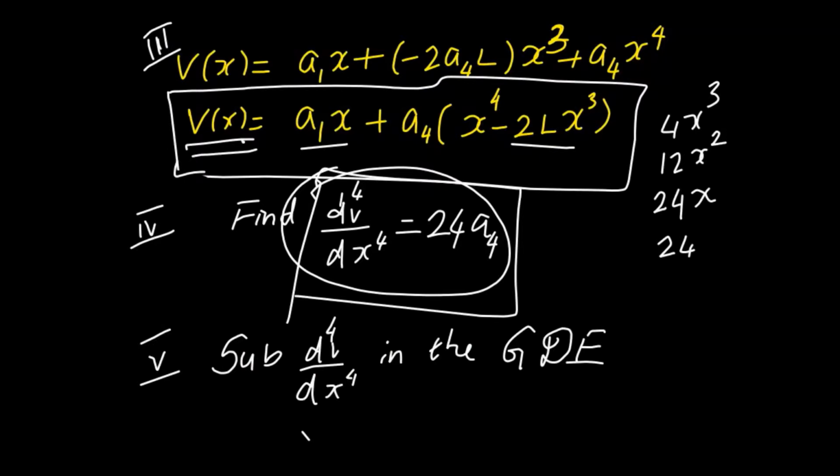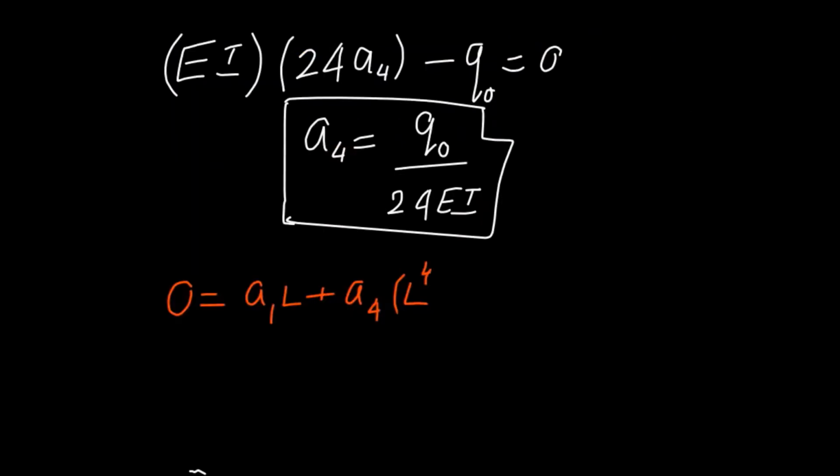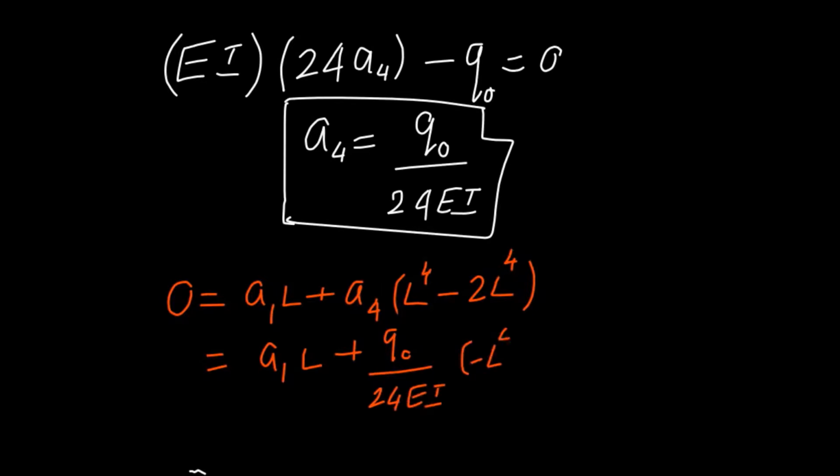But you have to put x equal to l, so that becomes minus 2l raised to the power 4. That's it. So what will you be getting? In the next step, it is equal to a1l. The value of a4 is q naught divided by 24EI into minus l raised to the power 4.